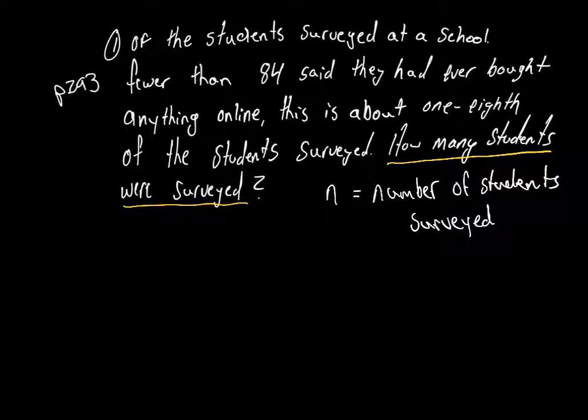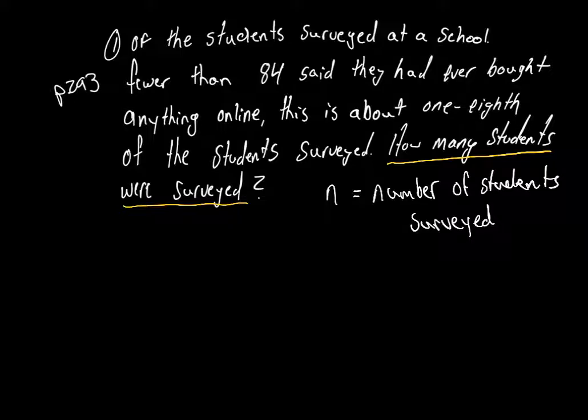Now I'm going to go through that one more time, and I'm going to try to pick out numbers, words, clues that will help me solve this word problem. So let's read through it one more time. Of the students surveyed at a school. Okay, that first sentence, there's no numbers, there's no keywords in there that will help me solve that. So I don't need anything in there.